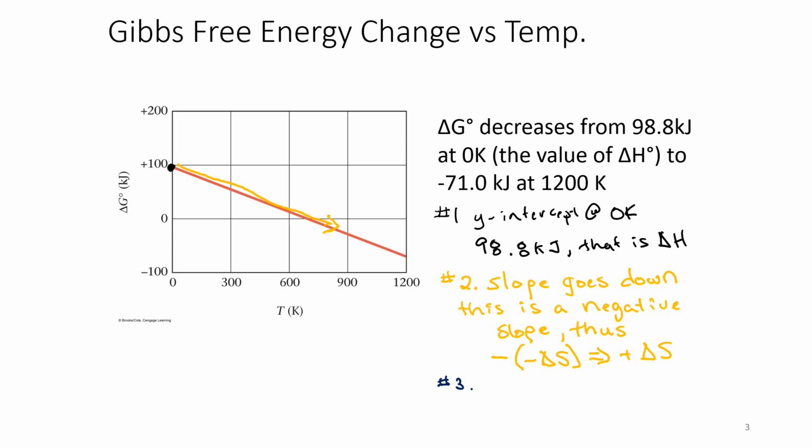The last piece of information we can glean from this, number 3, is to notice where we cross the delta G of 0. Remember, delta G is equal to 0 at equilibrium. That's somewhere around, say, 650 Kelvin.